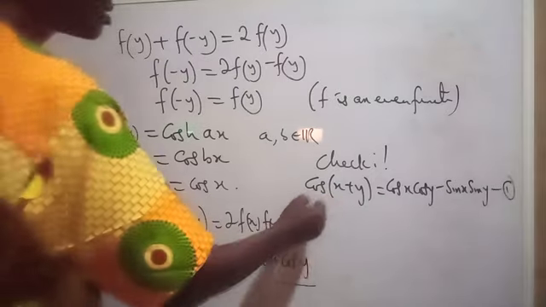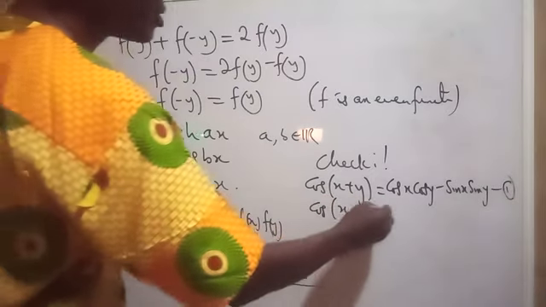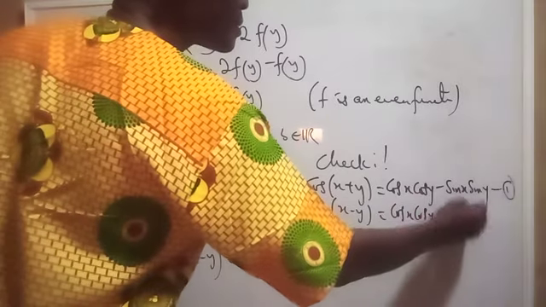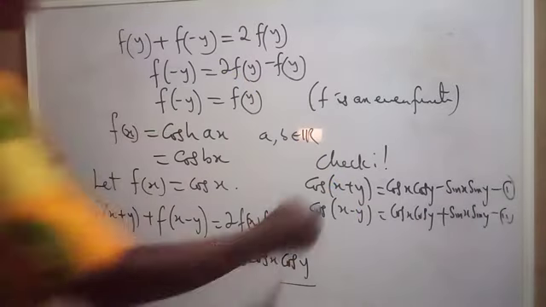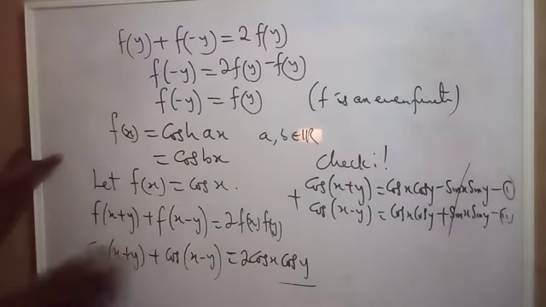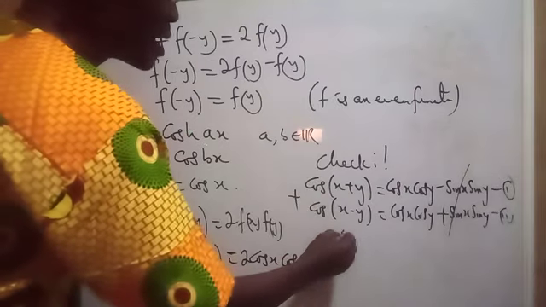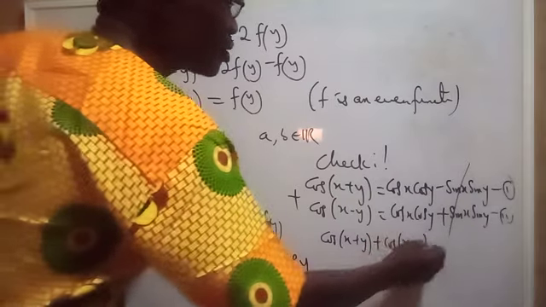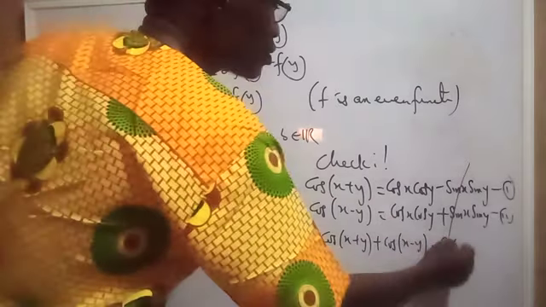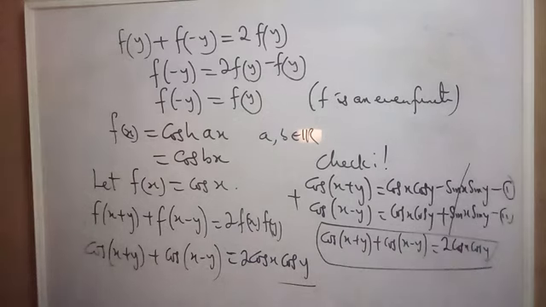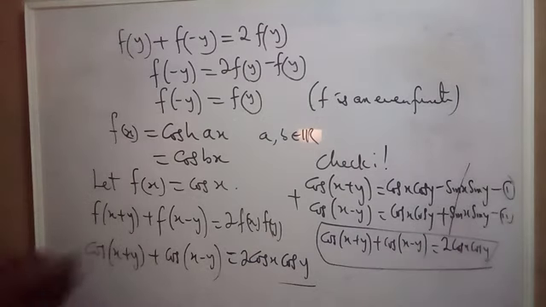Cos of x minus y is equal to cos x cos y plus sin x sin y. Let's call this equation 2. Adding them together, the sine terms cancel out, and cos of x plus y plus cos of x minus y is equal to 2 cos x cos y.